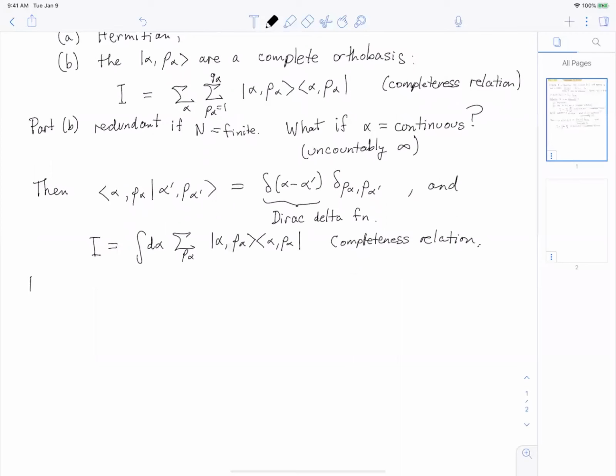And now we're going to write down a theorem, although we'll only prove it in the case of a finite dimensional space.